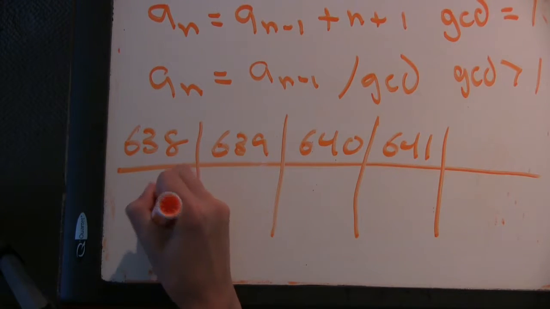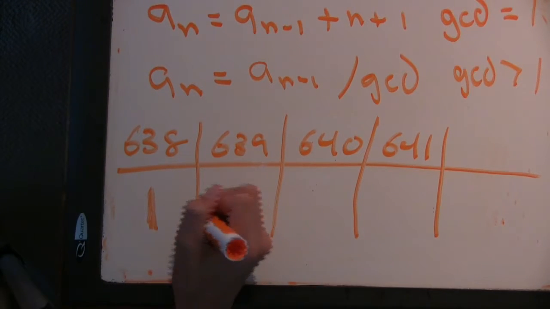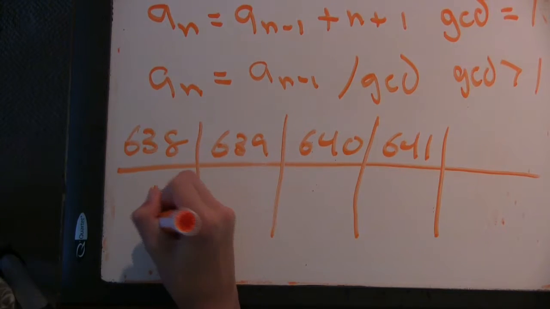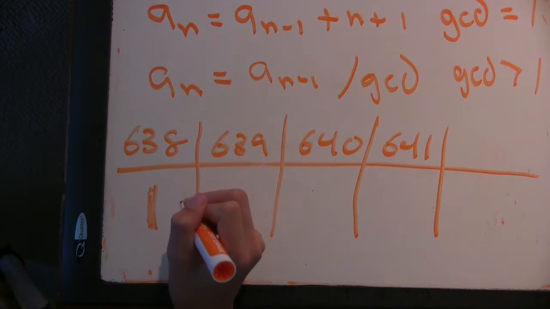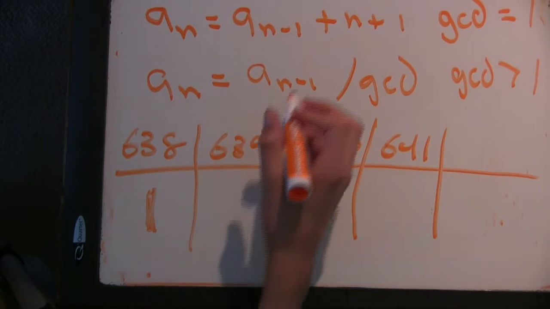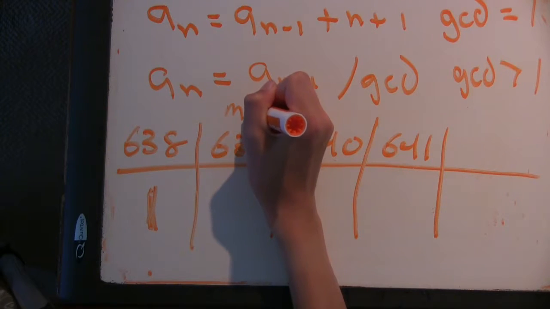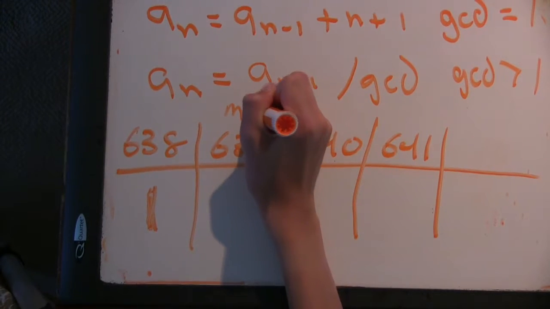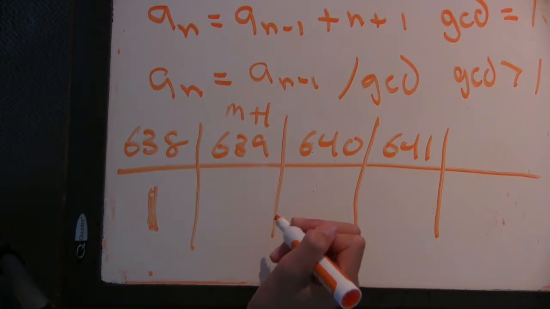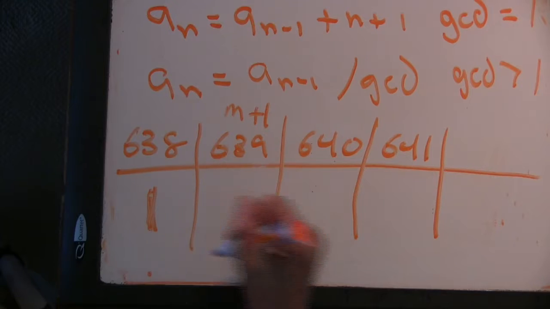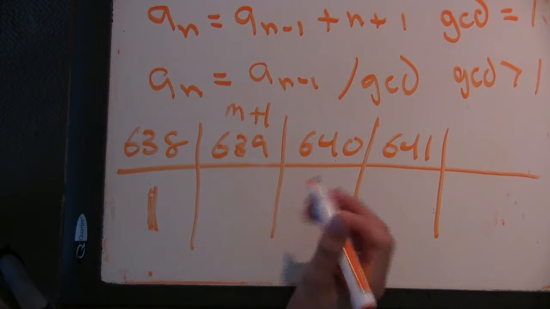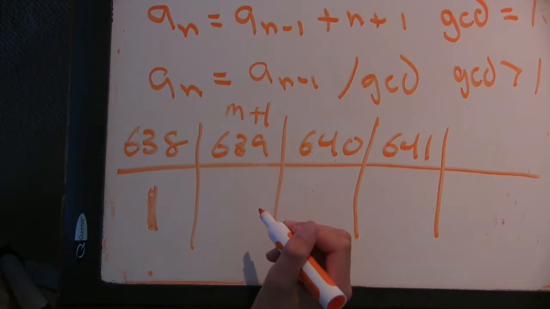So if we get 638, which is 1, and then he called 639, I think he called it M plus 1. Okay. And since these don't have any common factors, you do the first formula.